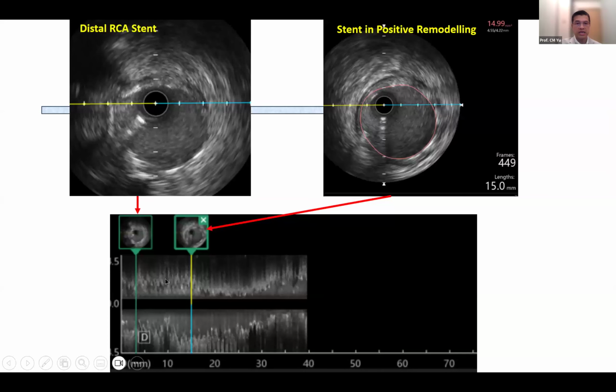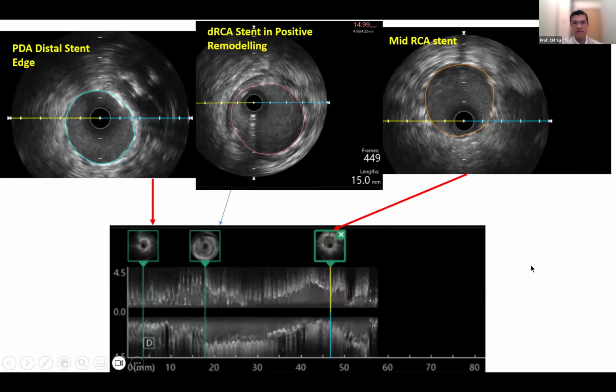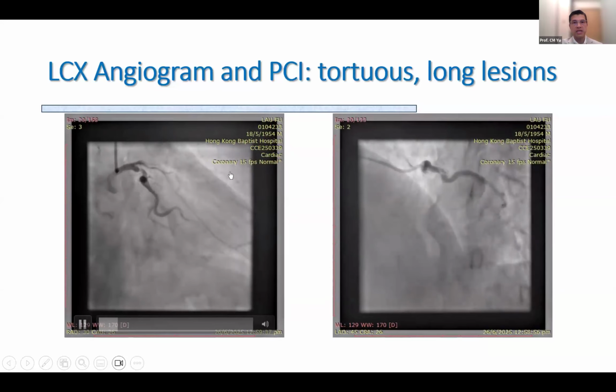So here is the segment, and you can see on the longitudinal and cross-section plane, I think the apposition has been good. In particular, at the region of positive remodeling, the coverage has been good. And further segments as shown here are all covered nicely. This is the PDA close to the stent edge. Again, the vessel has been covered quite well by the stent.